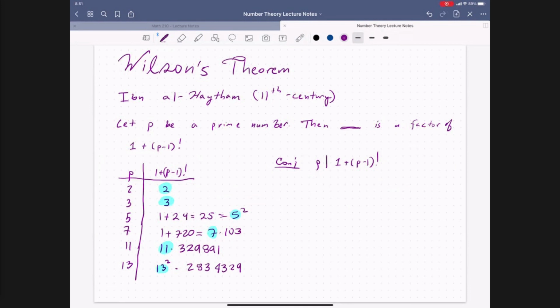The proof actually eluded mathematicians all the way until 1771, when Joseph Louis Lagrange was finally able to prove this result. Today we are going to do a proof of this, but using the language of modular arithmetic, which Gauss introduced and which simplifies Lagrange's argument tremendously.